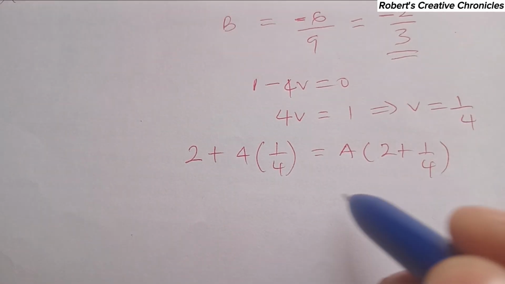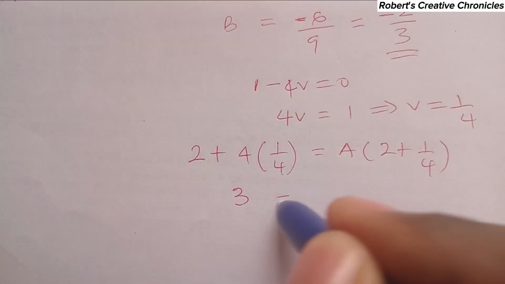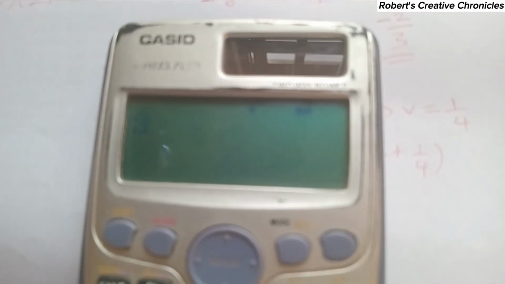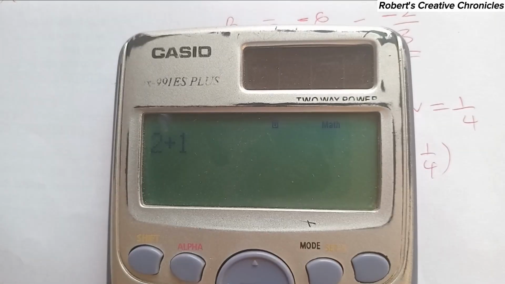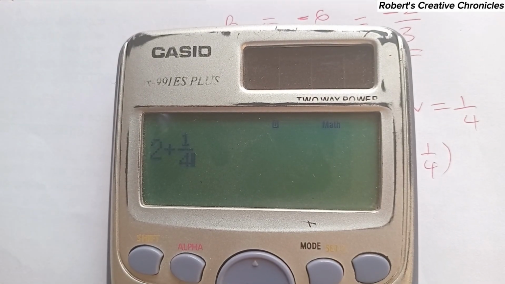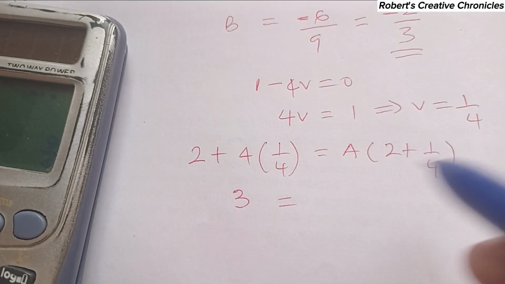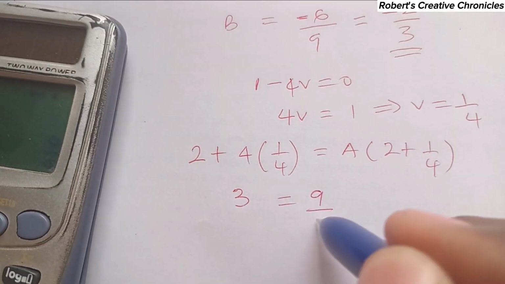So it will be 2 plus 1, which is 3. Then the other one is 2 plus 1 over 4, which is 9 over 4, so this is 9 over 4a.